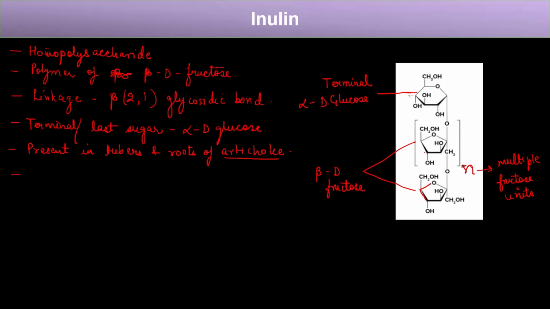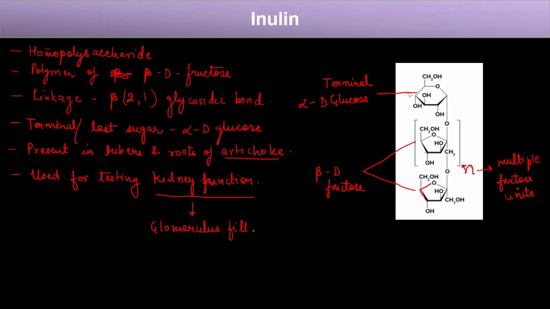What is their function, or why are they used? In humans, inulin is used for testing kidney function. How is the kidney function tested using inulin? It is tested by looking at the glomerular filtration rate.